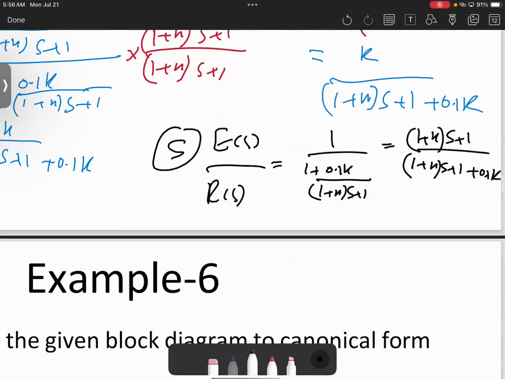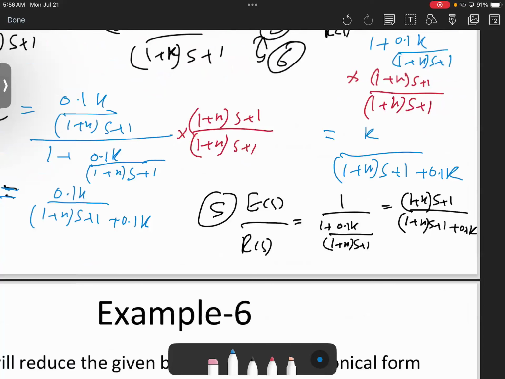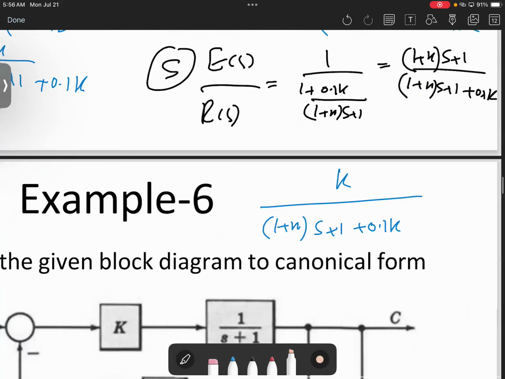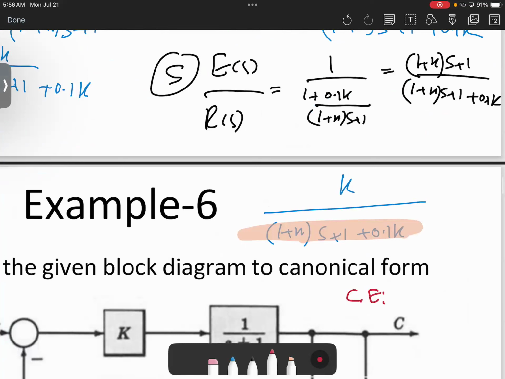Let me rewrite the closed loop transfer function: k over 1 plus k s plus 1 plus 0.1 k, and the denominator, make this equal to 0. Therefore, this yields the characteristic equation to be 1 plus k times s plus 1, plus 0.1 k equals 0. This is the characteristic equation.